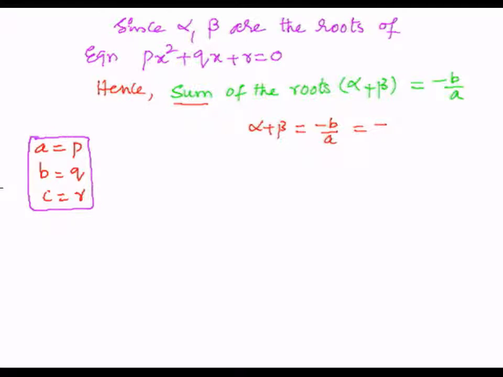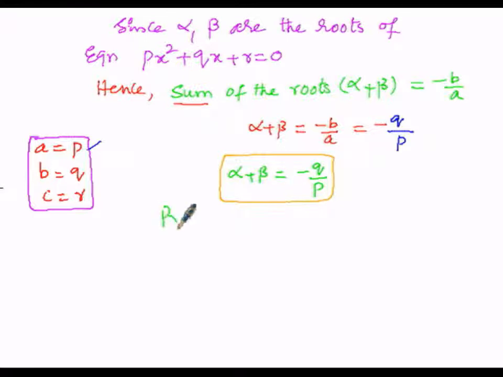Then minus written as it is, and the b value is q, overall divided by a, which is p. So in this manner I got alpha plus beta is equals to minus q divided by p. The sum of the two roots is minus q by p.